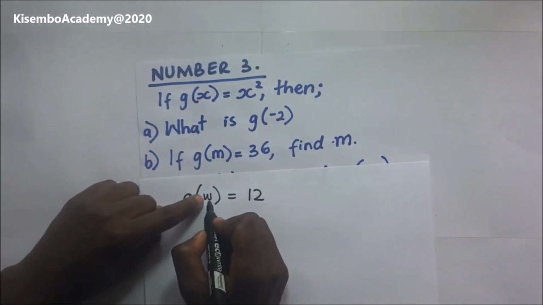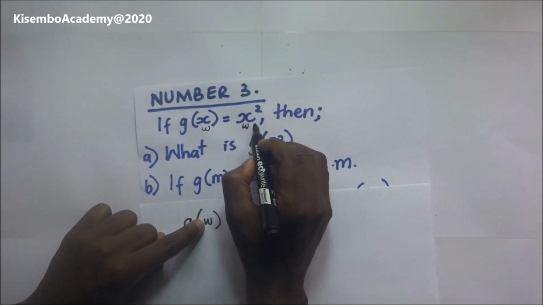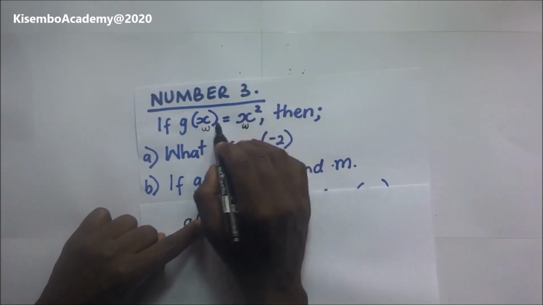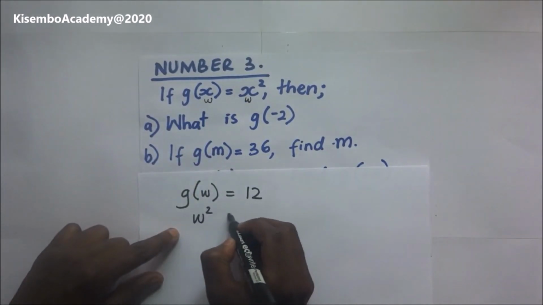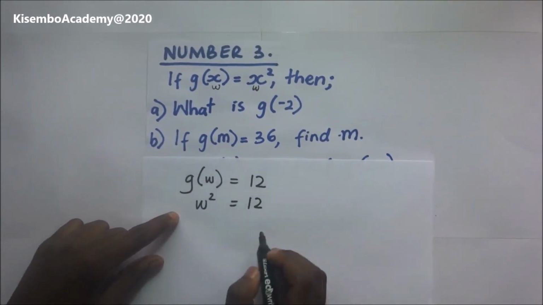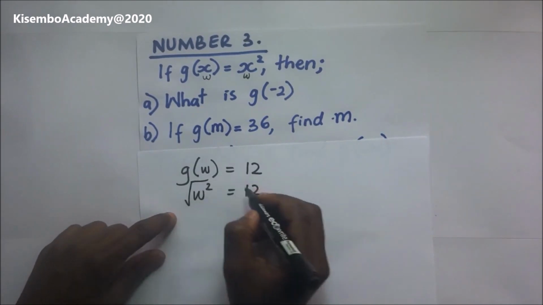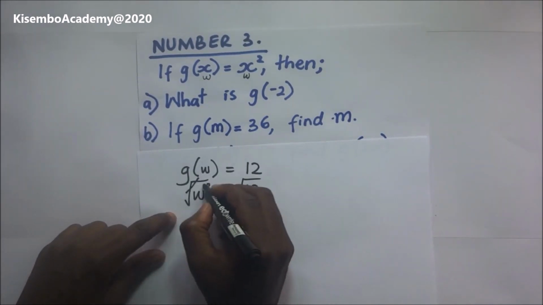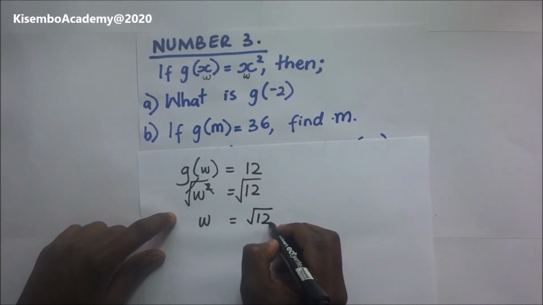So now if the variable is w, this is supposed to be w squared. We just substitute, so w squared is given by 12. To get the value of w, we find the square root on both sides, so that this goes with that, and you remain with w, giving us the square root of 12.